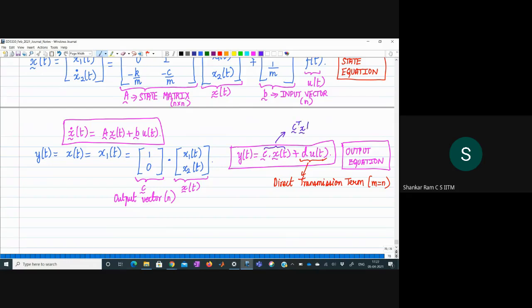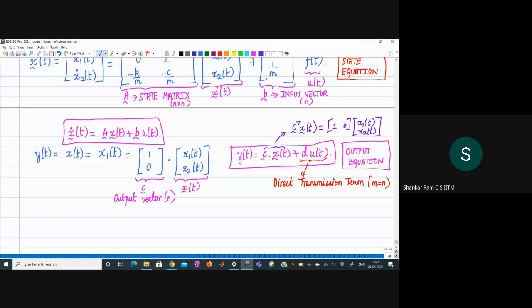You will get the same answer. People will write the output vector as a row vector and then take the product with the state vector x1, x2, and you will get the same answer, x1. But I prefer using the dot product notation rather than the transpose notation. You can use either one, whichever suits you. So that's the clarification I wanted to give you.